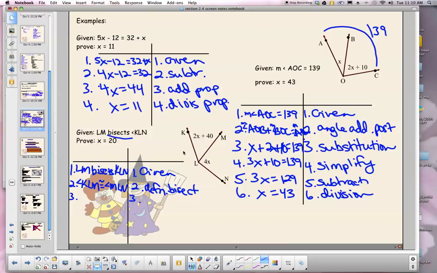All right, because this chunk equals this chunk, but they have algebra representations, we're going to substitute. So instead of KLM, I'm going to write 2x plus 40. And then on the other side, instead of MLN, I'm going to write 4x. And so that's substitution.